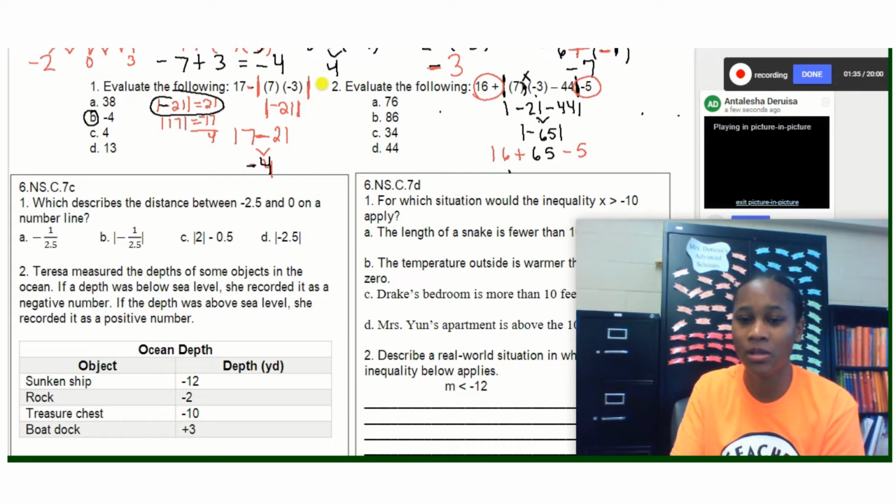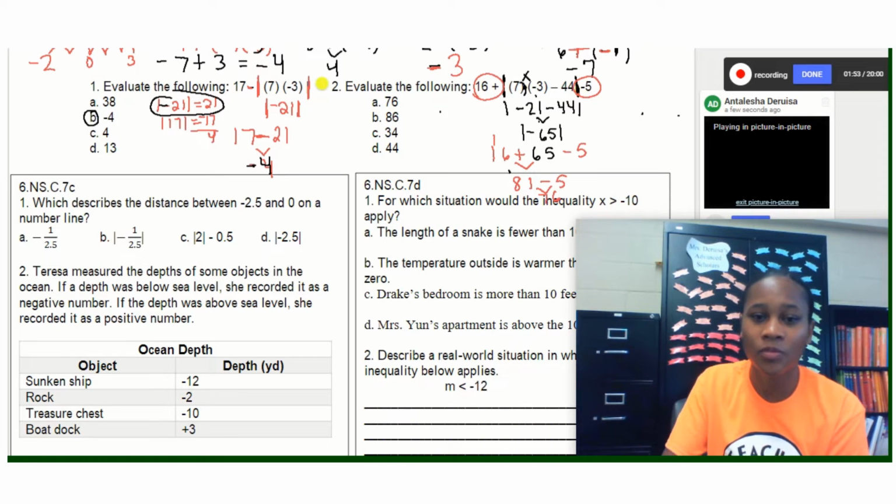So 16 plus 65 must go first. And that's going to give me 81. And then I'm going to take away 5 from that. And that's going to give me 76, which is going to be answer choice A.